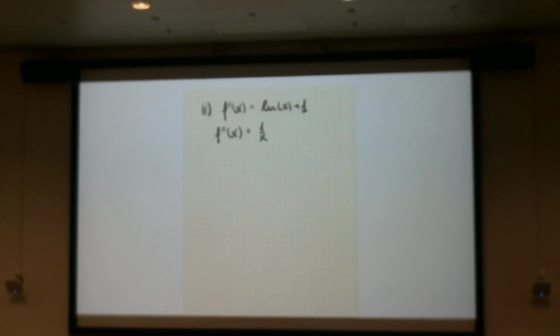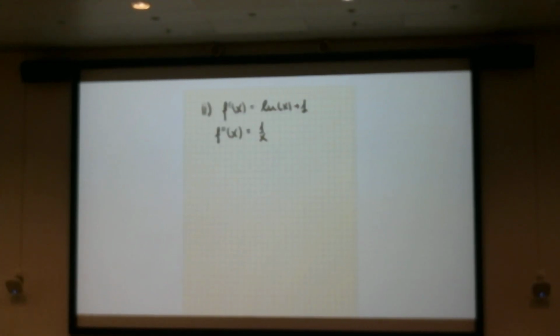And now we take the second derivative. We need to classify. So let's do that quickly. So that was logarithm of x plus 1. What is the second derivative of logarithm of x plus 1? It's just 1 over x. Because derivative of this is 1 over x by the standard rule, and derivative of this is equal to 0.